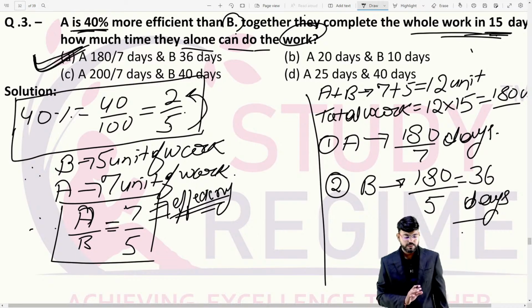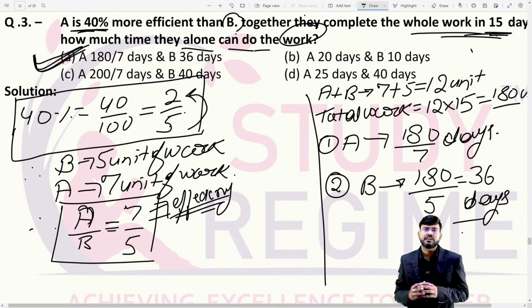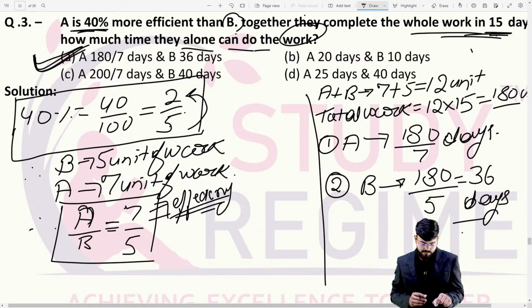Since A is 40% more efficient than B, I have written this percentage as a fraction, 40 by 100, written as 2 by 5. If B is doing 5 units of work, then A will do 7 units of work. Together they are working for 15 days, so the total work is 12 into 15, which is 180.